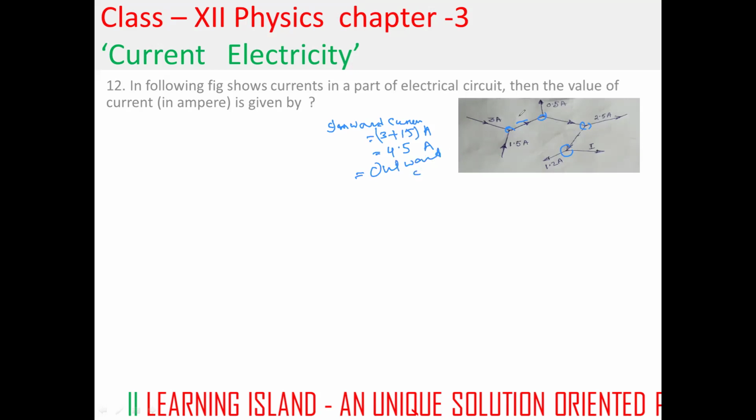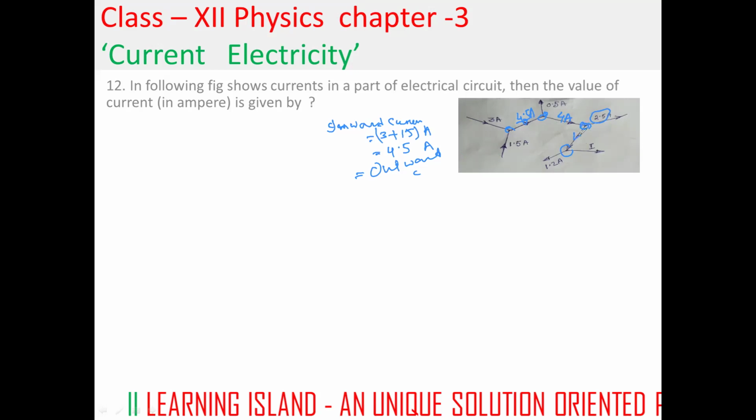So here current moving is 4.5 ampere, and in this junction inward current is 4.5 ampere, outward currents are 0.5 ampere and something here. So here it will be 4 ampere. Now from 4 ampere, 2.5 ampere is going outward, 4 ampere is inward for the junction.